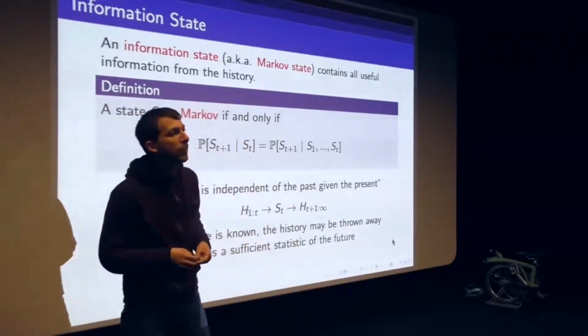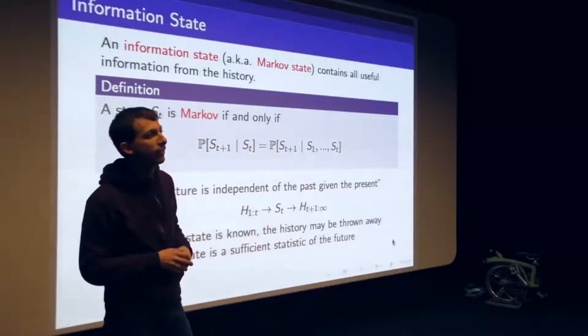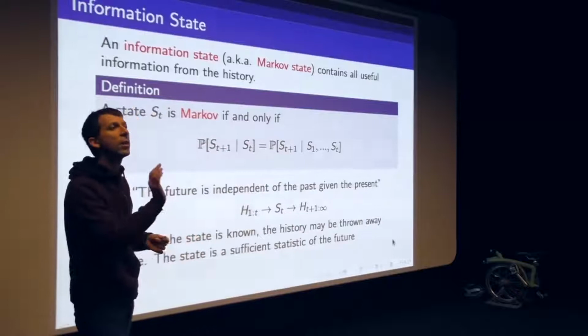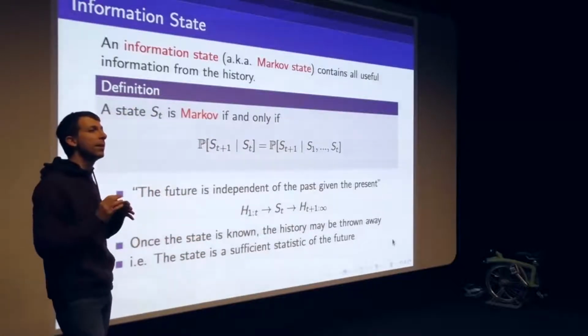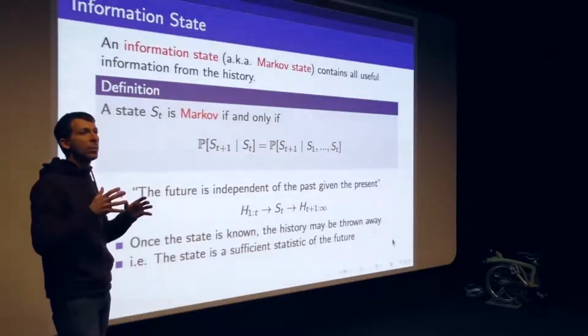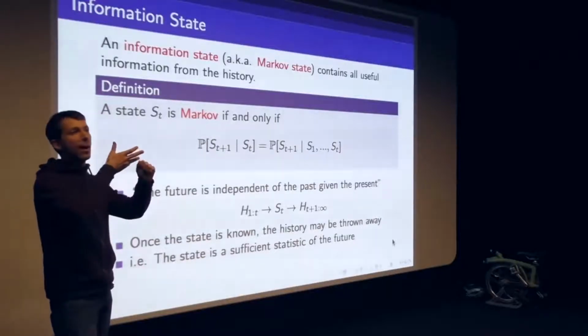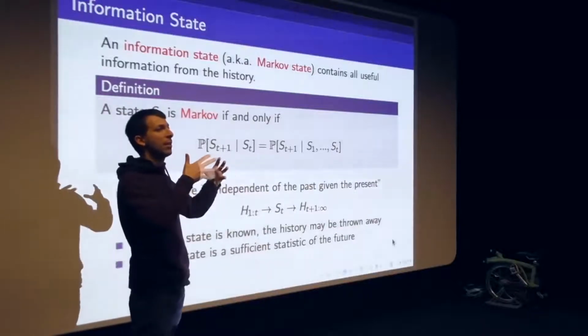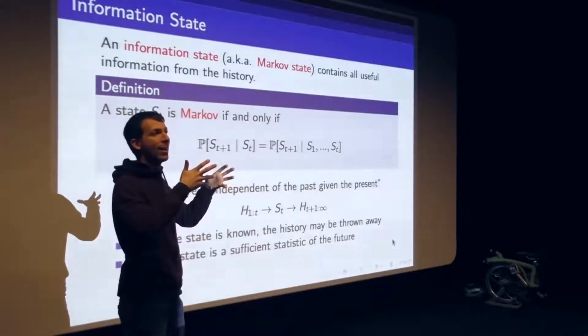Yeah. In your example of a helicopter, for instance, clearly where it goes next depends on where it was before. Okay, so the question was, how does this fit in with the helicopter example? For the helicopter, a Markov state would roughly be the current position, velocity, angular velocity, and angular position of the helicopter.